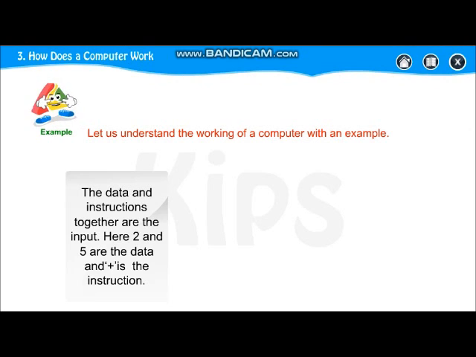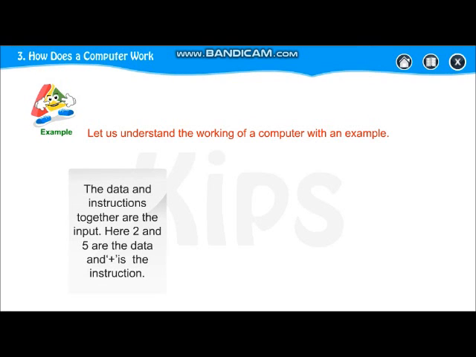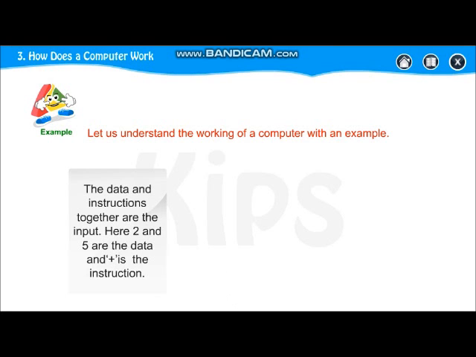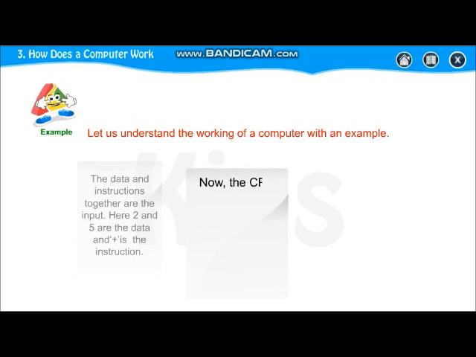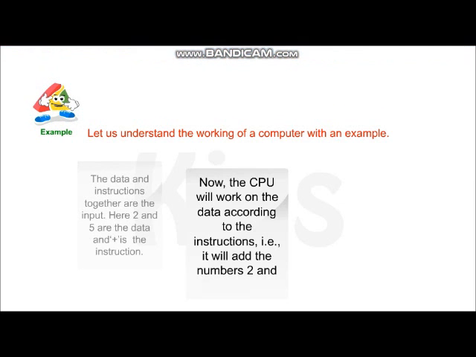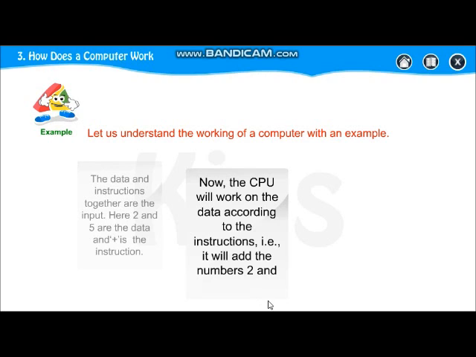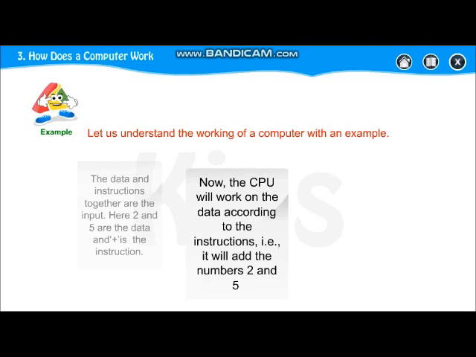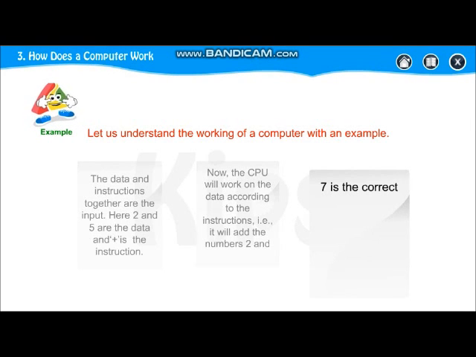Here 2 and 5 are the data, plus is instruction. Now CPU will work on the data according to the instruction. It will add number 2 and number 5. And what is the result? 7 is the result or the output.